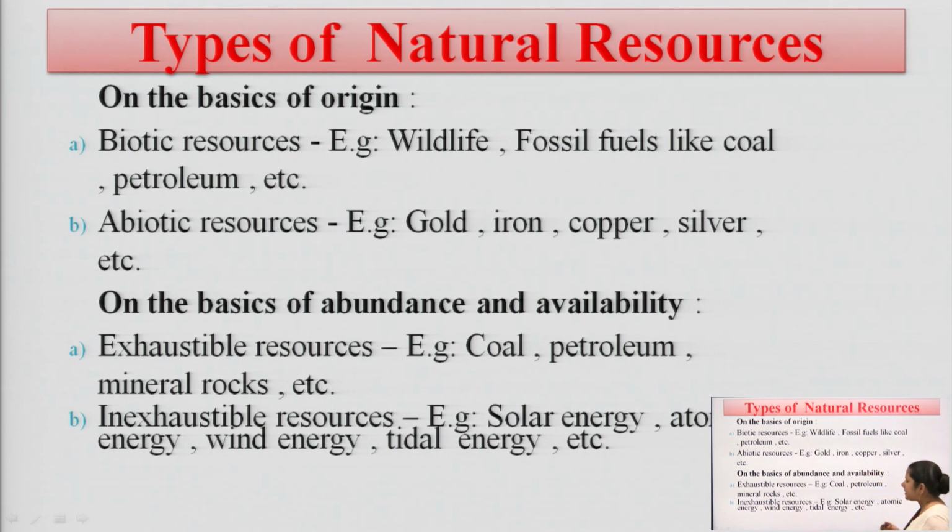On the abundance and availability of our natural resource, we also classify them into two parts, exhaustible and inexhaustible. The exhaustible resource examples are coal, petroleum, mineral oil. They all are exhaustible resources, and inexhaustible resources are those which we can protect, which we can restore. These examples are solar energy, atomic, wind energy and tidal energy.